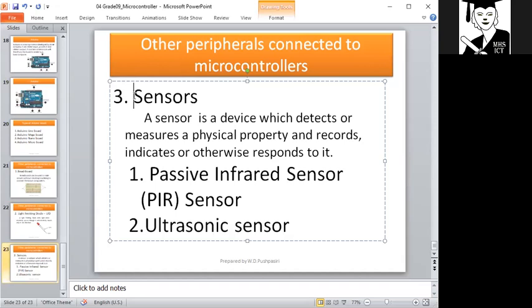By using sensors, we can input some information to the controller, so we use the sensors mostly for that. And there are 2 types of sensors. One is the PIR sensor, the other one is the ultrasonic sensor, right? There are 2 types of sensors. Okay, write this down.